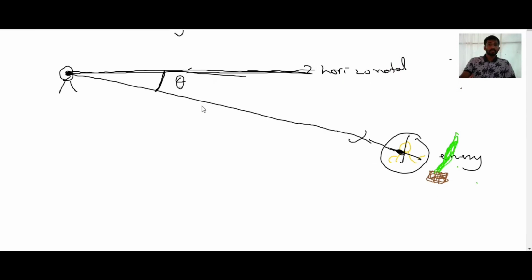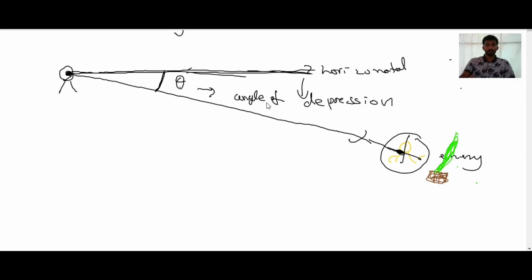We are dealing with only two lines: the horizontal line, that is our reference line, and the line from the eye to the object. But the difference is here the object is below the horizontal line. So this angle theta is called the angle of depression. Clear? Depression means your object is below the horizontal line.